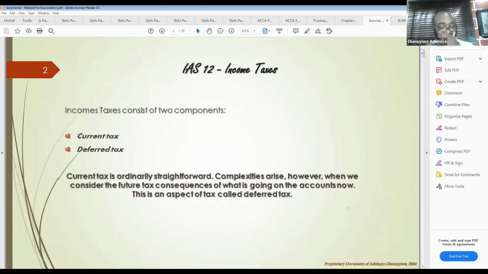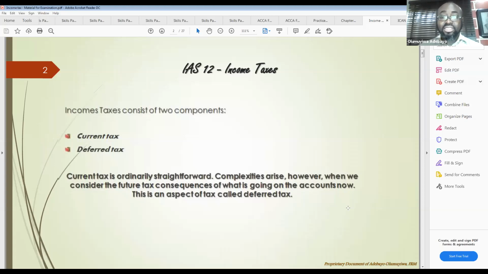Now, for example, in the Nigerian context, the provisions of CITA, tertiary education tax, CGT and PPT more or less determine the amount of current taxes, which represent the actual amount of tax expected of an entity to be paid to the relevant tax authority for a given financial year.